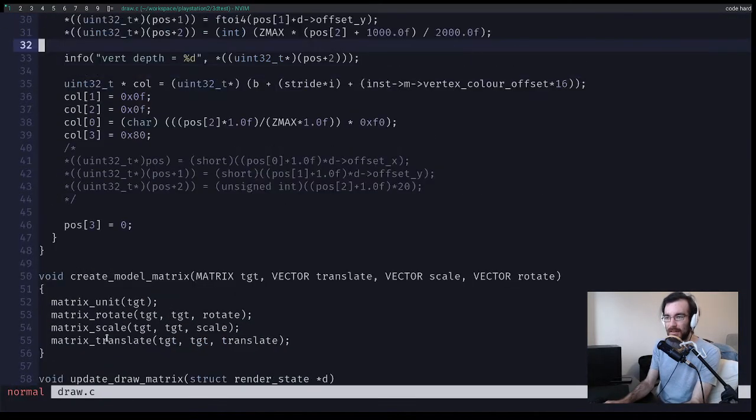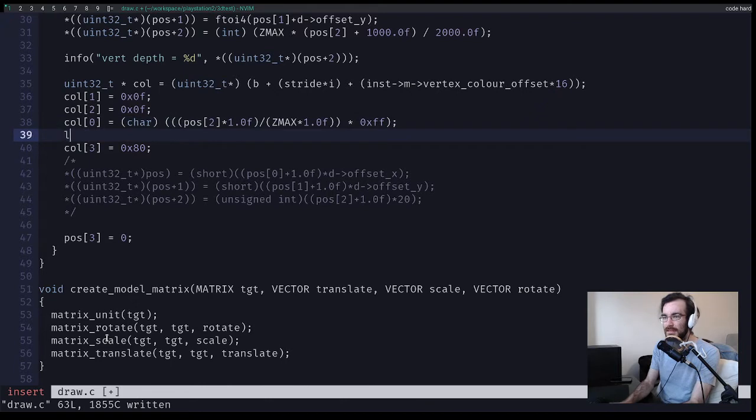In draw.c, let's go in, and then let's just log this as well. Red component equals C. Does C give you a number? I don't know, let's do D. I can't remember. 0.